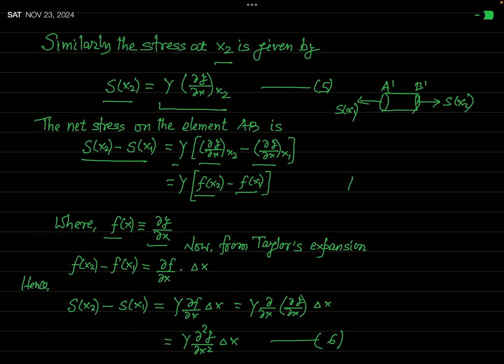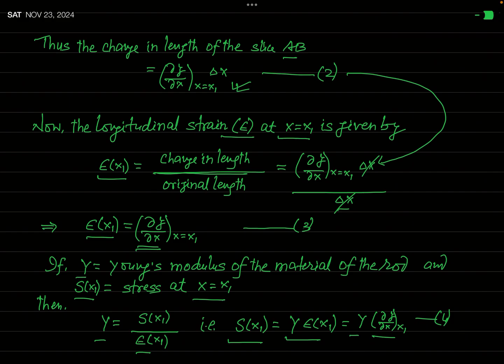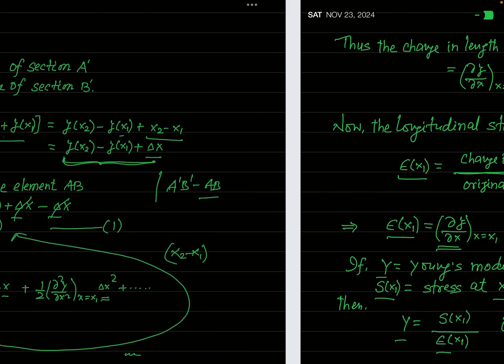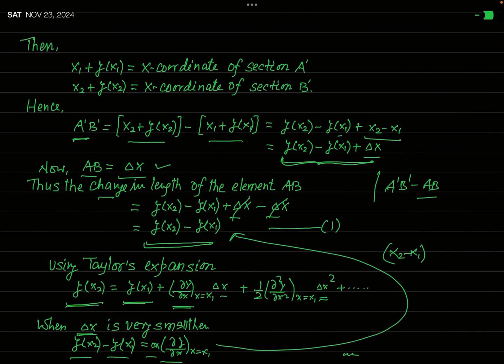But again, you know from the Taylor expansion that f at x2 minus f at x1, just as you found here by Taylor expansion for y of x2 minus y of x1, is this much.